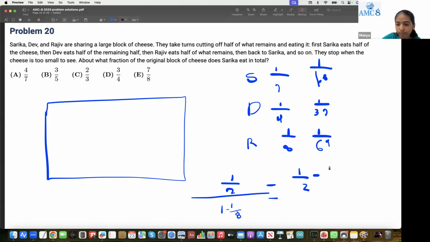Instead of doing 1/2 divided by 7/8, we can just do 1/2 times 8/7, which will be giving us 8/14. If we simplify it, dividing by 2, we will be getting 4/7, which means that Sarika would have eaten 4/7 of the cheese in total.